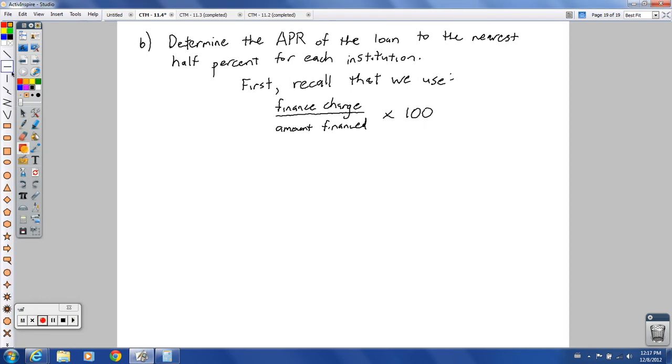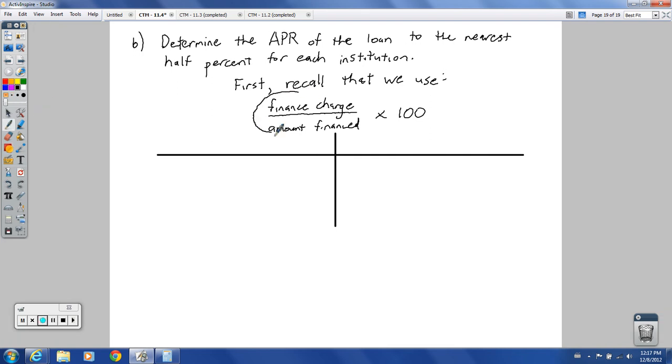So let's make a little table, again comparing the bank to the credit union, left to right. We're going to use this for both institutions.